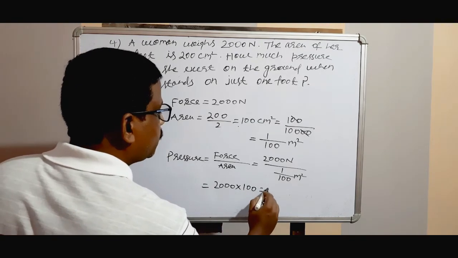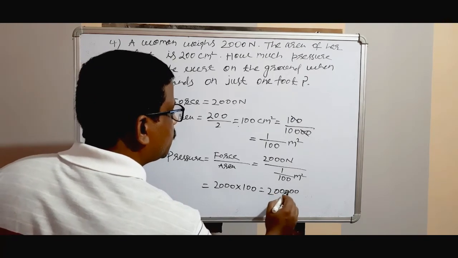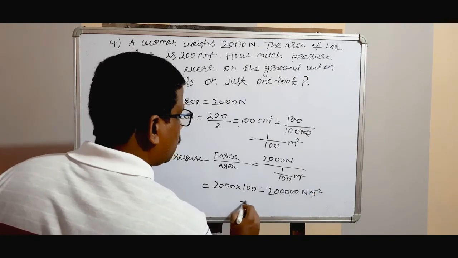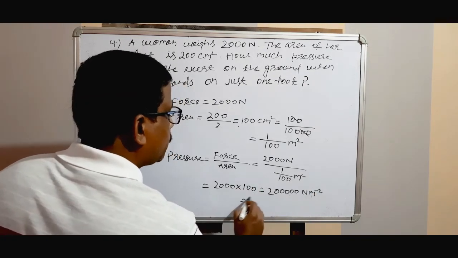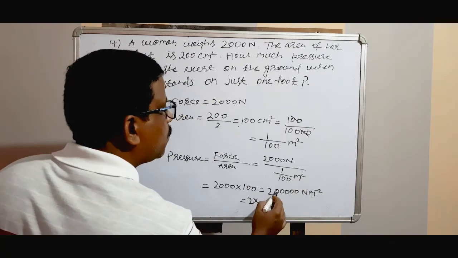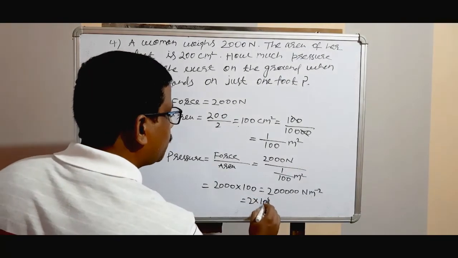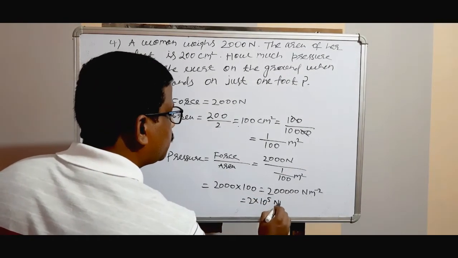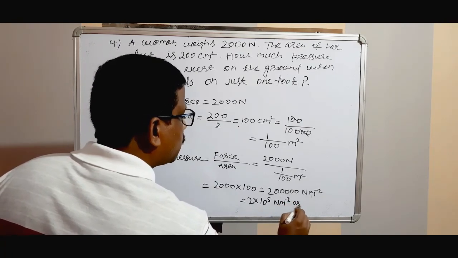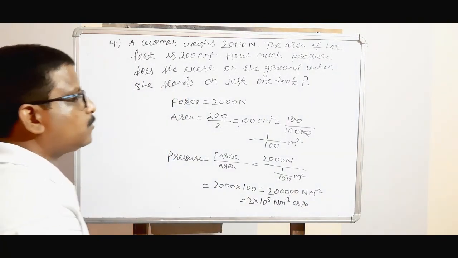It will be 2 followed by how many zeros? 5 zeros. 200,000 Newton per meter square. Or we can write it in the power of 10: 2 into 10 to the power 5 Newton per meter square, or Pascal. P. Understood? Clear?